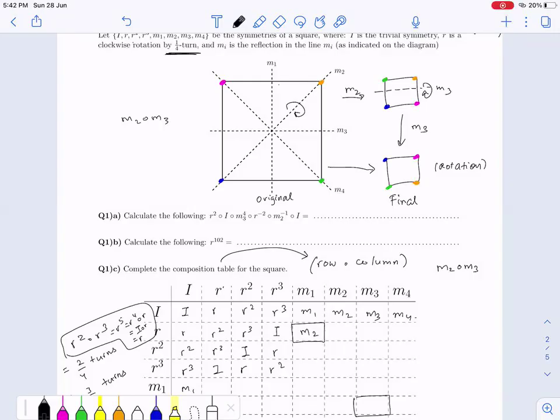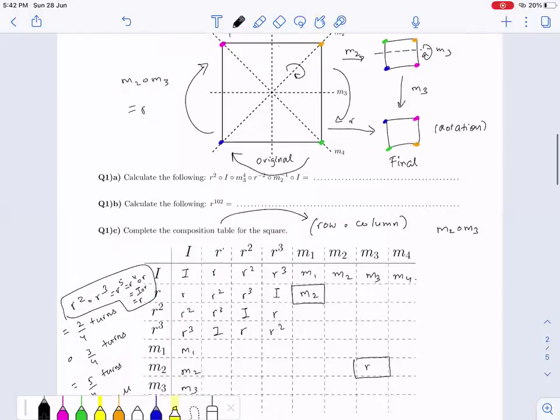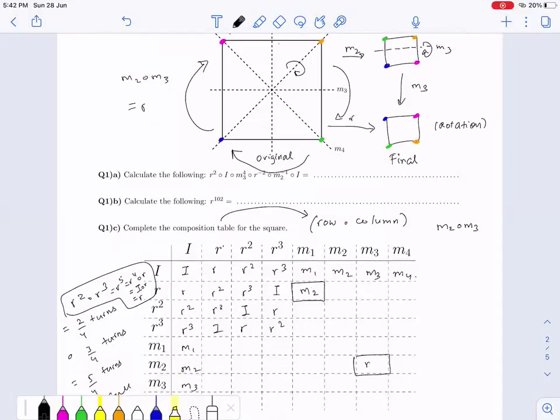So yeah, this is R. If you apply R to the original figure, which is the 90-degree clockwise rotation, you would get this final figure. So M2 composed with M3 is R. So yeah, this is how you fill out the whole table, and then using that you can calculate this. So let's do that now.